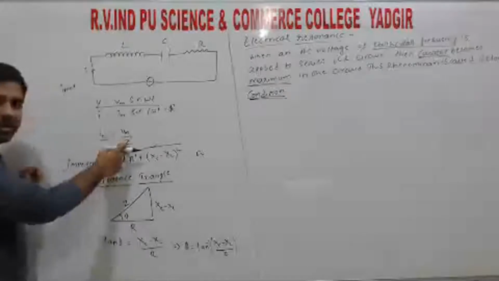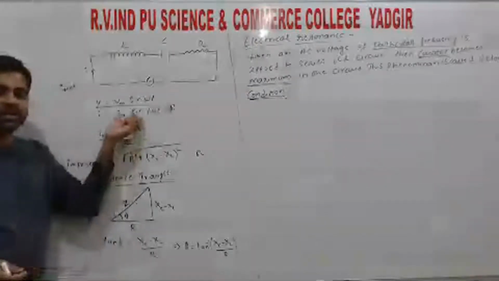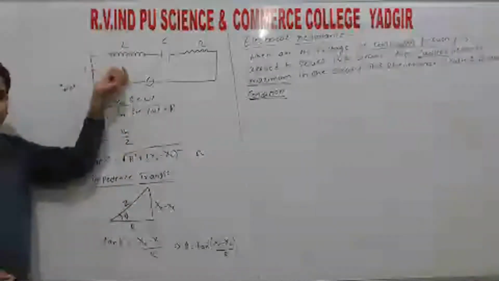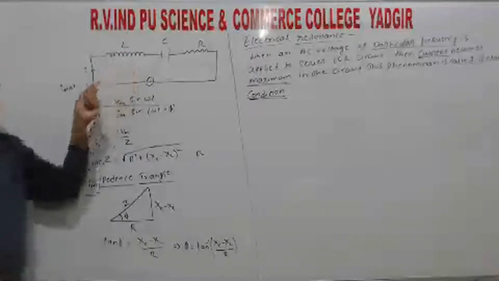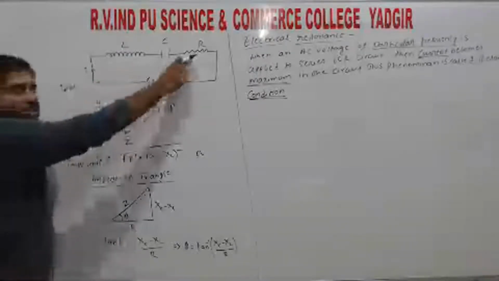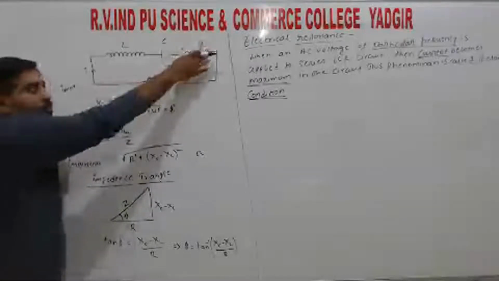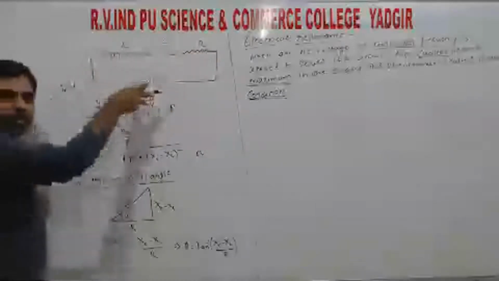Im is inversely related to the impedance. If impedance is more, that means the resistance is more, and the current flow becomes less. That is the property of resistance or a resistor. If a circuit has resistance, it opposes the flow of current. If it increases, the current flowing in the circuit decreases.